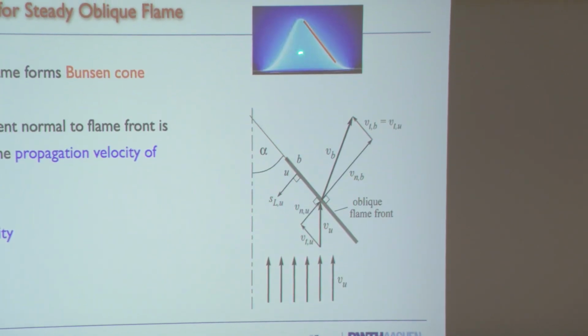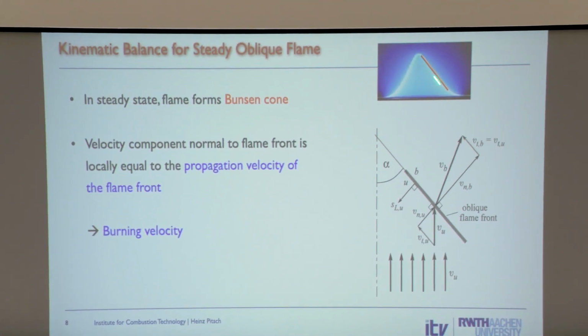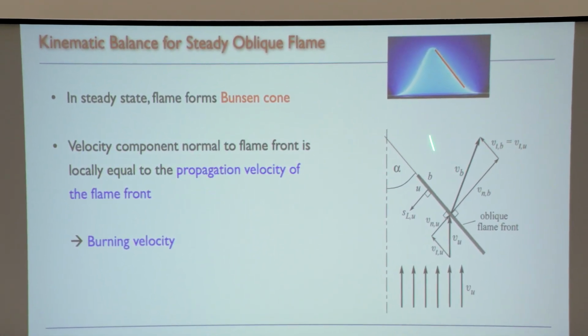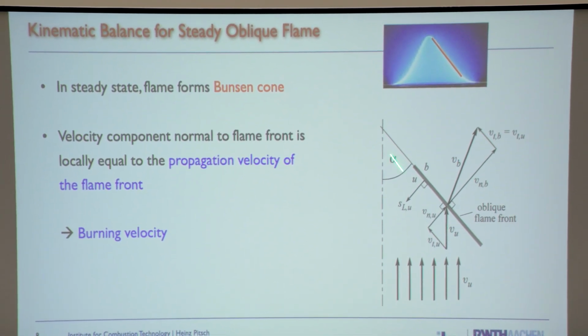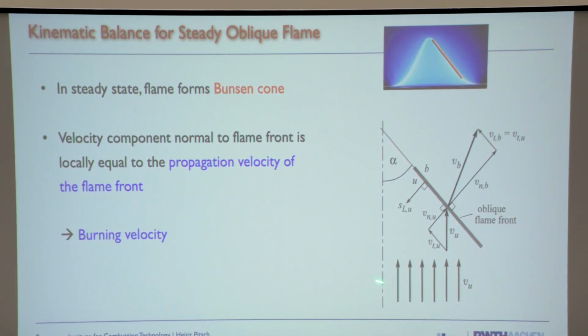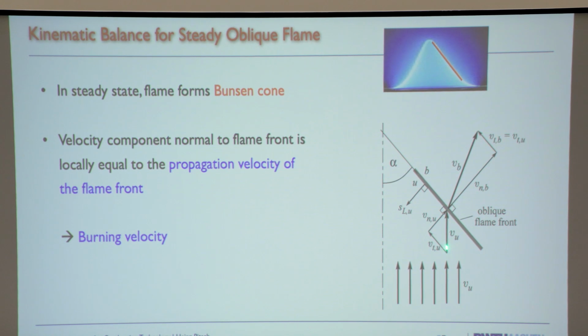Right, so that's shown here. This here is this Bunsen cone, and you see you have a slope here on the side. That right side of this flame is shown here also. I have the flow coming in from the bottom, and this is V_U, my unburnt velocity, and I can split this up into a tangential velocity, tangential to the flame, and a normal velocity to the flame.